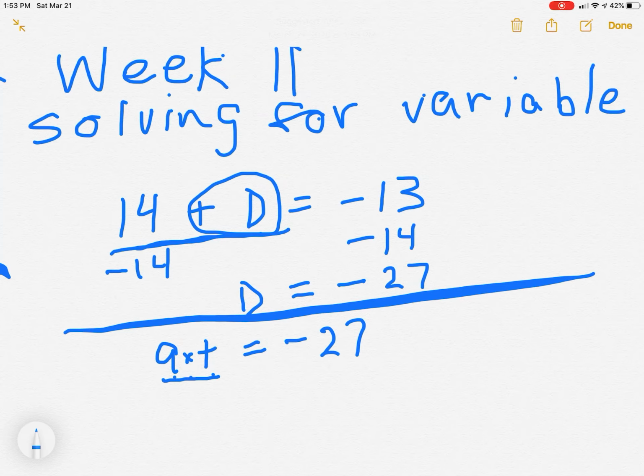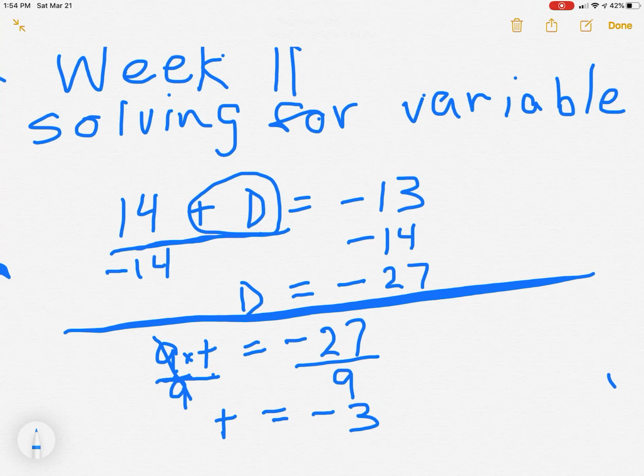The easiest way to do that is 9 divided by 9 and 27 divided by 9. That leaves me t all by itself, cross out the 9s, is equal to a minus, 9 will go into 27 3 times. Okay, and it's minus because there's one negative sign there, negative 3.